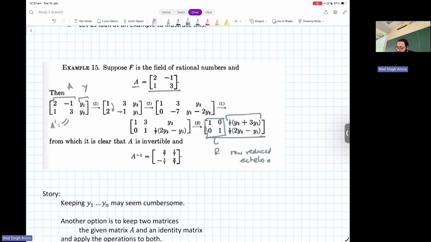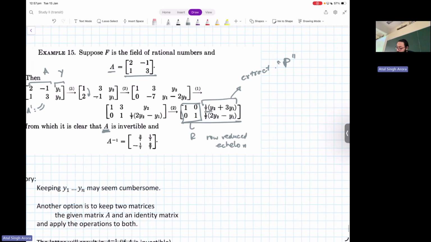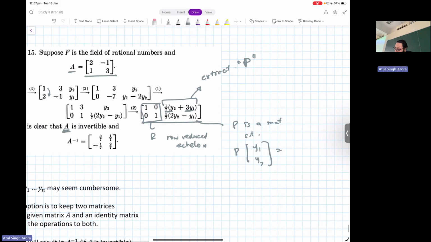From here we want to extract what we were calling P. How we do this is we just extract the coefficients. P is a matrix such that P times (y1, y2) gives you exactly this, 1/7 (y2 plus 3 y1) and 1/7 (2 y2). The details are not important, but this is the matrix that we're writing.